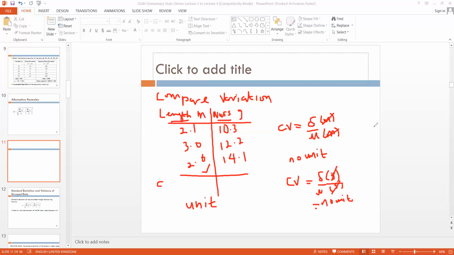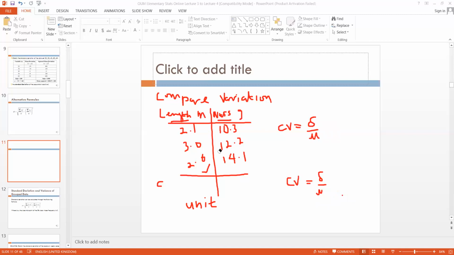What you do in comparing the variability is find the coefficient of variation, like I've just said, for both data sets. In doing that, you first find the mean. So please copy the data down and then find the mean and the standard deviation for me.